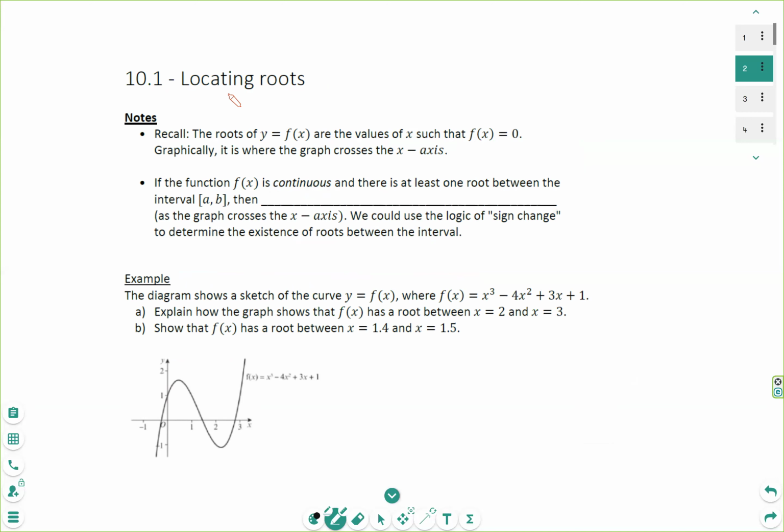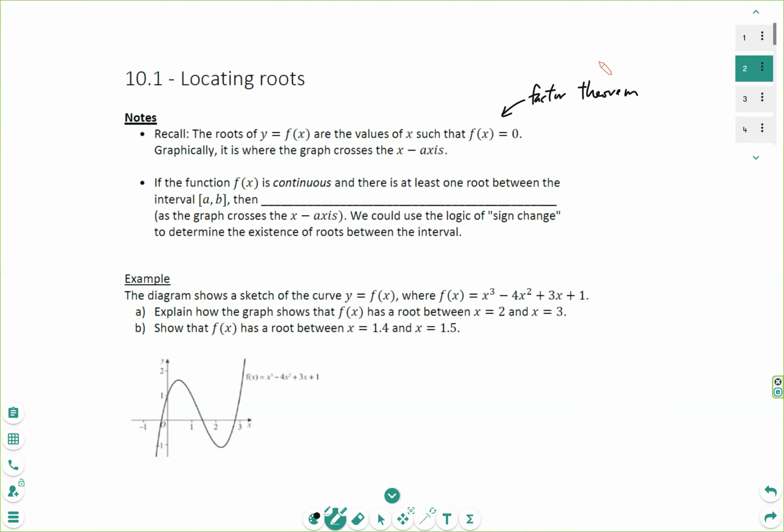Recall, the roots of y equals f of x, a function of x, are the values of x such that f of x equals 0. So you've learned this, what we call the factor theorem, in Pure 1, chapter 7. Graphically, this is where the graph crosses the x-axis.